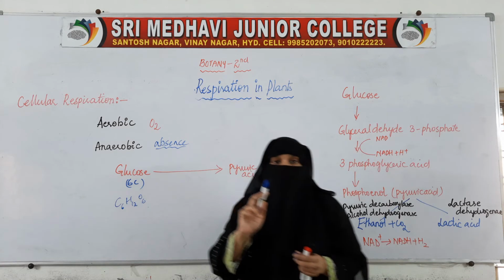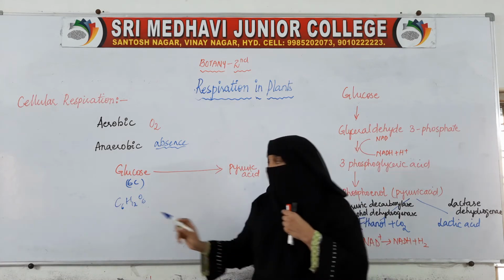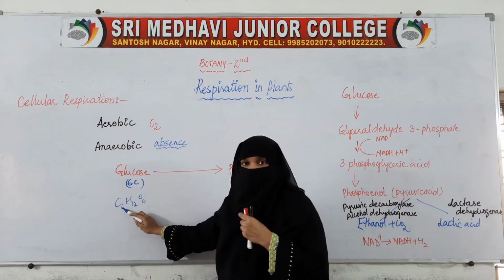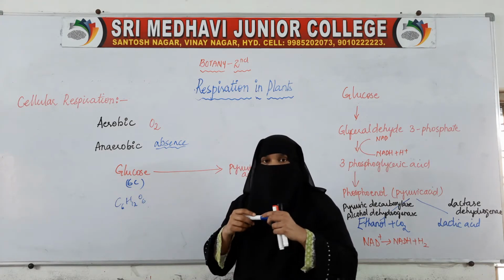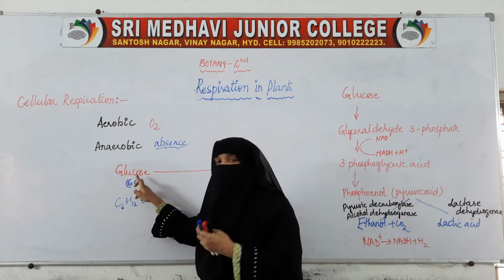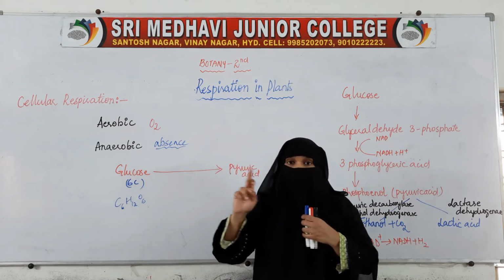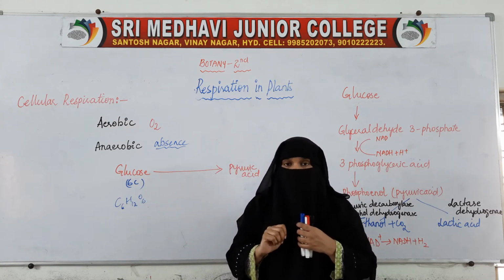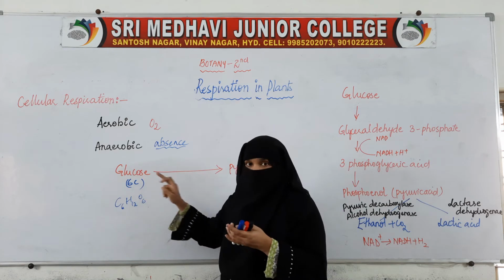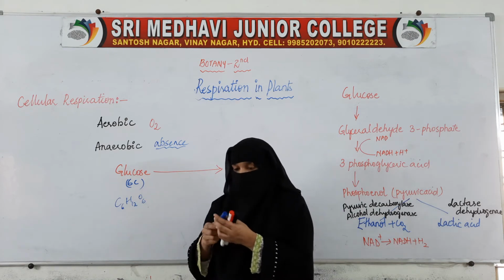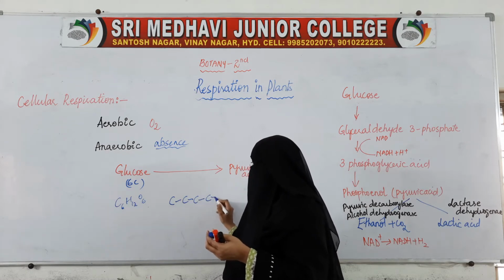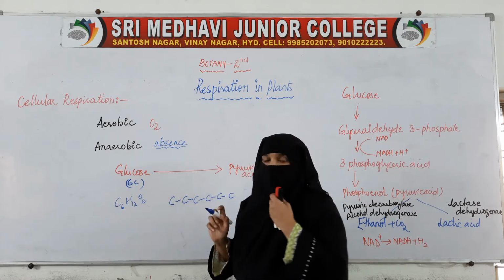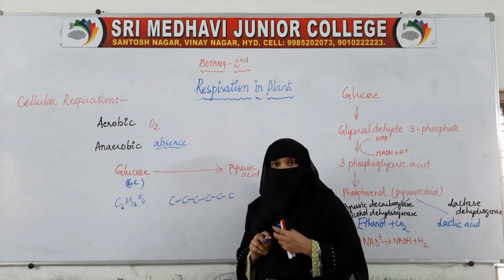So basically glucose is an organic compound, that is, it consists of carbon. How many carbons does it have? 6 carbons: 1, 2, 3, 4, 5, 6. So glucose is a 6-carbon compound.